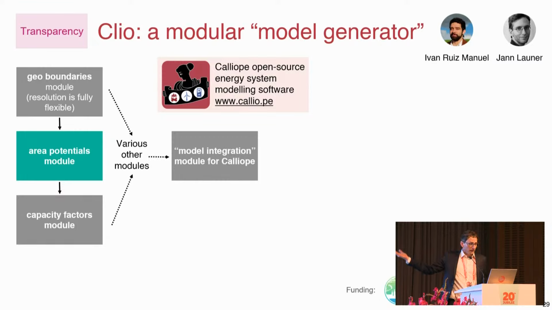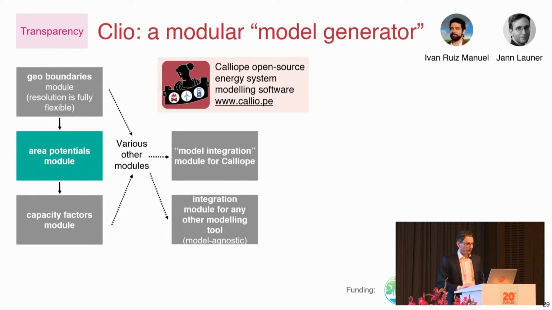We call the whole thing Clio at the moment because it was designed as a companion for our Calliope open source energy system modeling software. But the key point is that by customizing this final step, this integration module, it's fully model agnostic. You can use this with any other tool, whether it's PyPSA or EnergyPLAN or what have you. And that's the idea behind this.